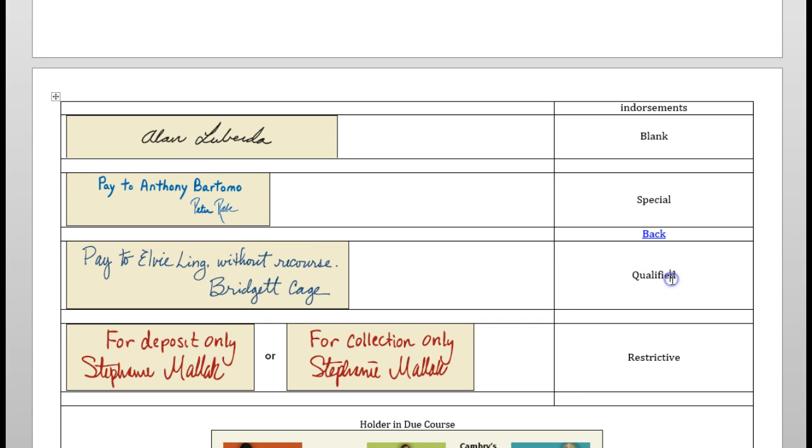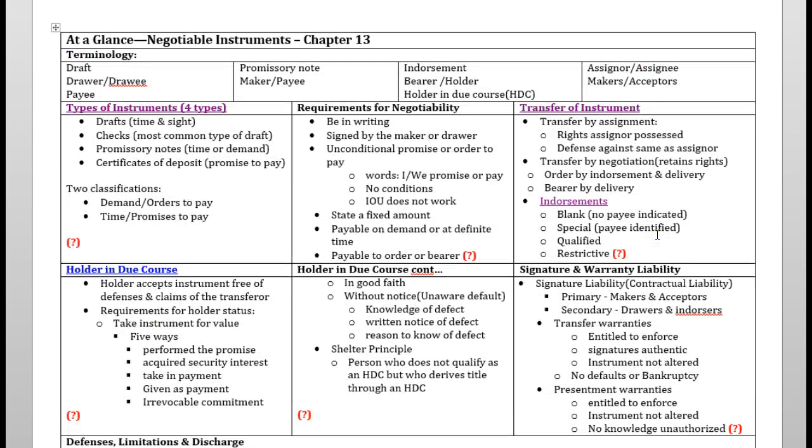This is a qualified endorsement. This one says "without recourse." And this is called a restrictive endorsement. A restrictive is when you write "for deposit only" or "for collection only" on it. So 4 types of endorsements.